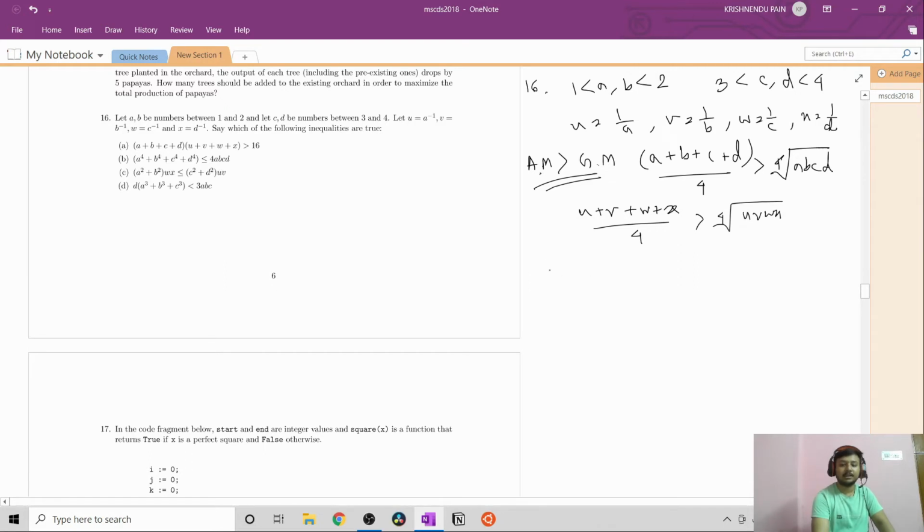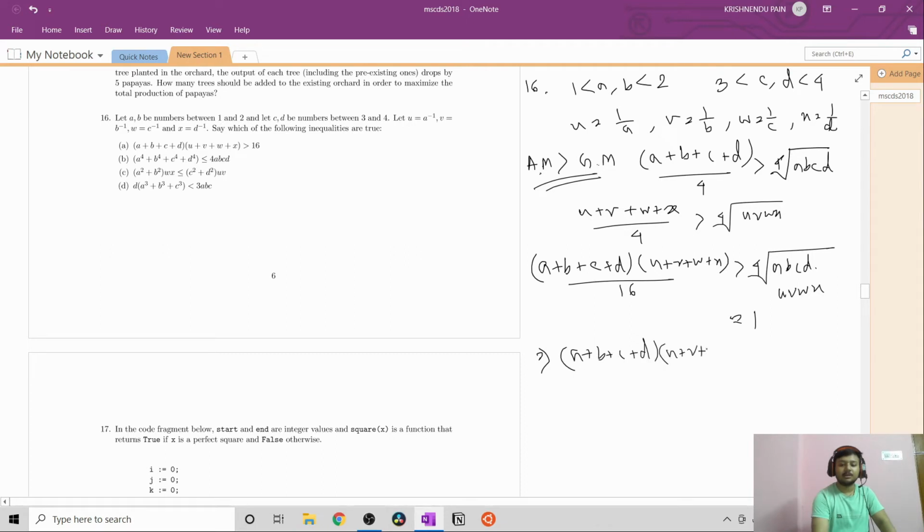Multiply these two, we will get (a plus b plus c plus d) into (u plus v plus w plus x) divided by 16 is greater than 4th root of abcd into uvwx. Now u equal to a inverse, v equal to b inverse, w equal to c inverse, and x equal to d inverse. So if we multiply abcd into uvwx, it will be equal to 1. So this is (a plus b plus c plus d) into (u plus v plus w plus x) greater than 16. So option A is correct.